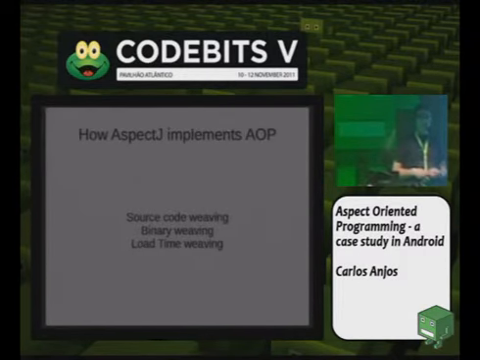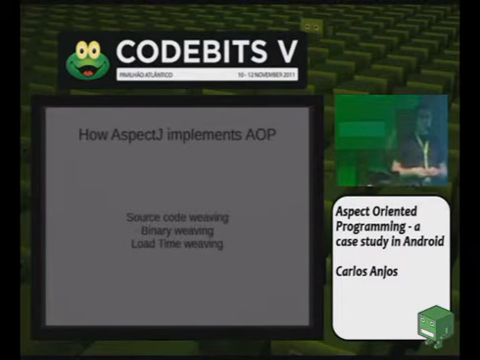In binary weaving, that we haven't used yet, but might with the new tools, you can compile all your aspects to a jar, and you can compile all your business code, and then the linker mixes the code together, so you can have a final bytecode.